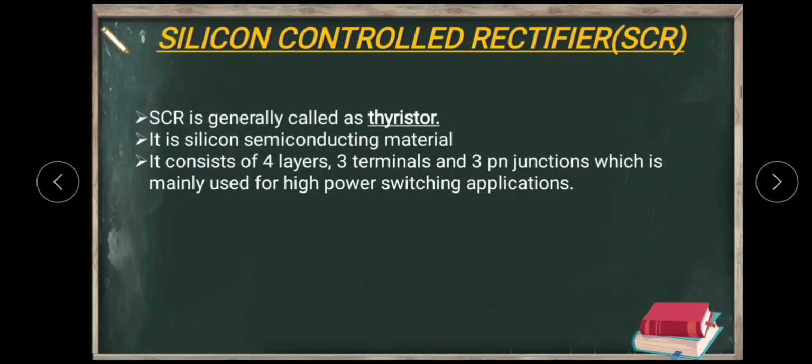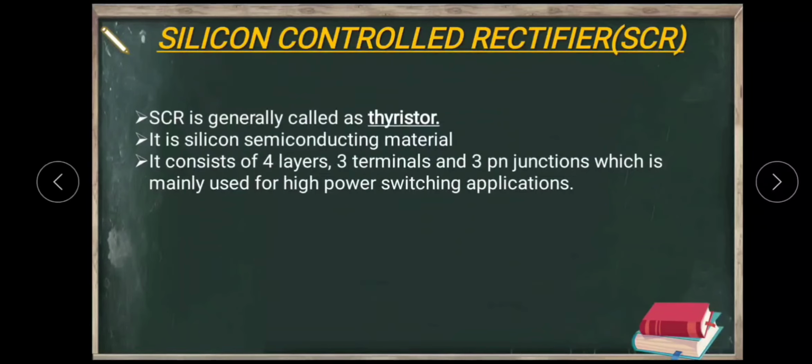Here it contains 4 layers, that is a PNPN structure, and 3 junctions, junction 1, junction 2 and junction 3, and 3 terminals, that is anode, cathode as well as gate. These are mainly used for high power switching applications. So this is about the construction of SCR.